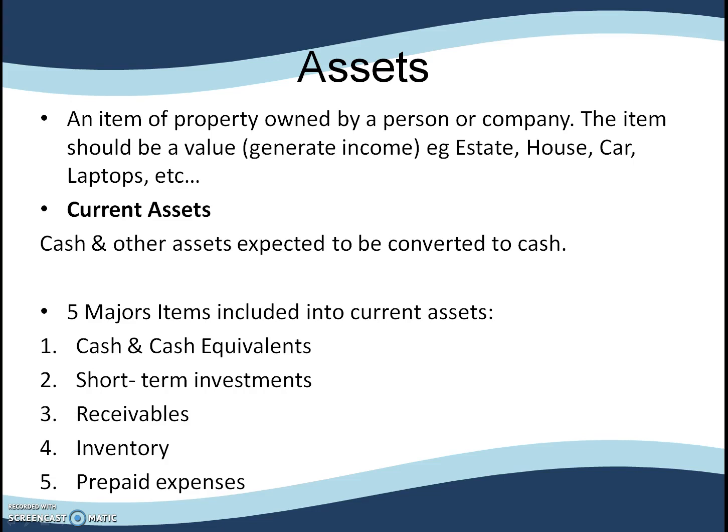There are 5 major items included in the current assets. The first one is cash and cash equivalents, short-term investments, receivables, inventories, and your prepaid expenses.